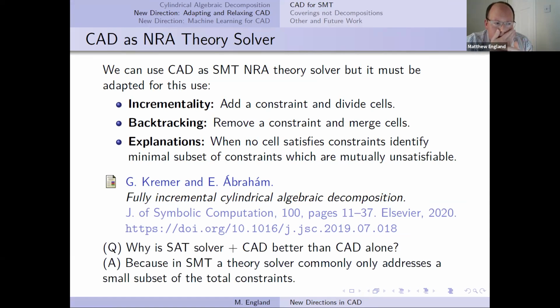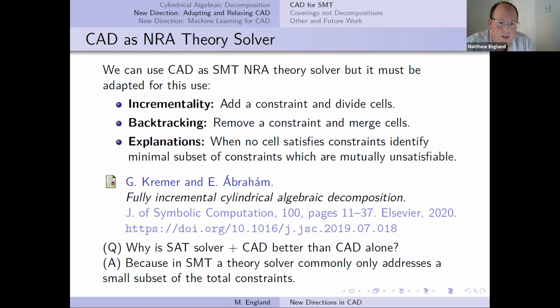But you might be wondering at this point, well, you just told me that CAD is very inefficient. Why is a SAT solver plus CAD any better than CAD alone? So the key thing to understand here is that with the SMT, the SAT solver is commonly only addressing a small subset of the total constraints at once. So the logical structure may have a lot of ors in it, and so the SAT solver is proposing some assignments that together satisfy the logical structure, but because there's ors in it, it's only going to be a subset of the total number of constraints under study.